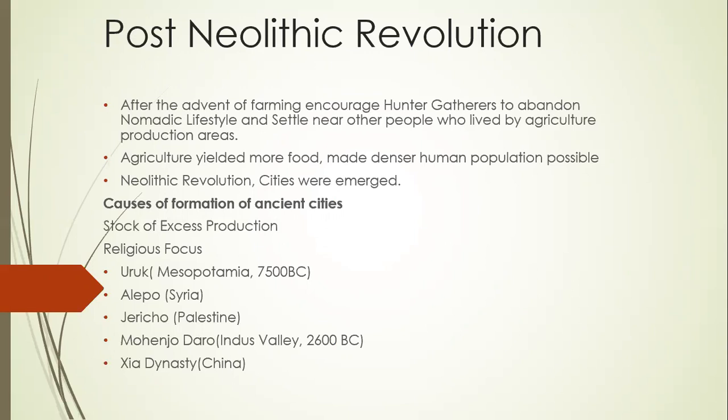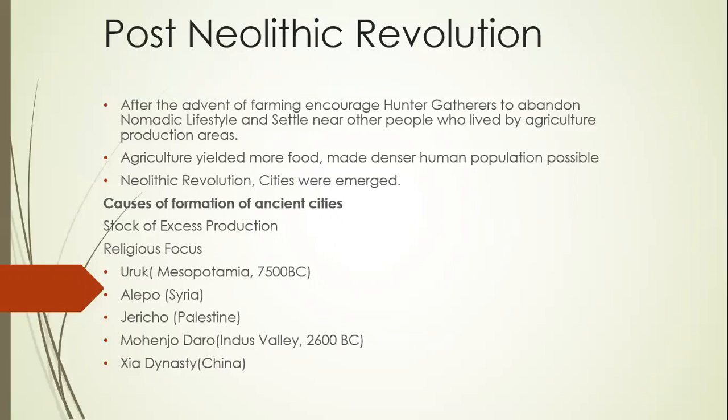They started stocking it, and the people around the agricultural areas started settling near them. The second element in the emergence of these cities was a religious focus. And these are a few of the ancient cities that emerged after the Neolithic revolution.